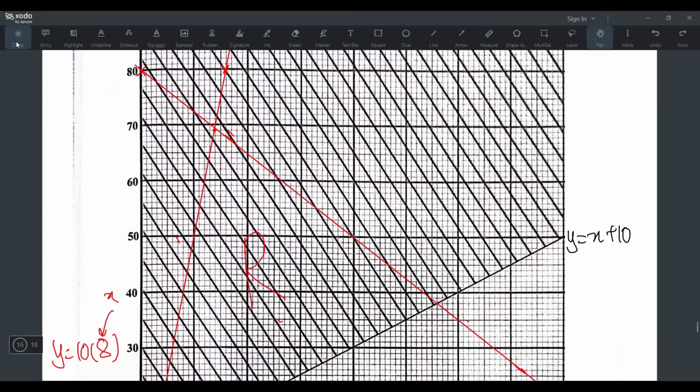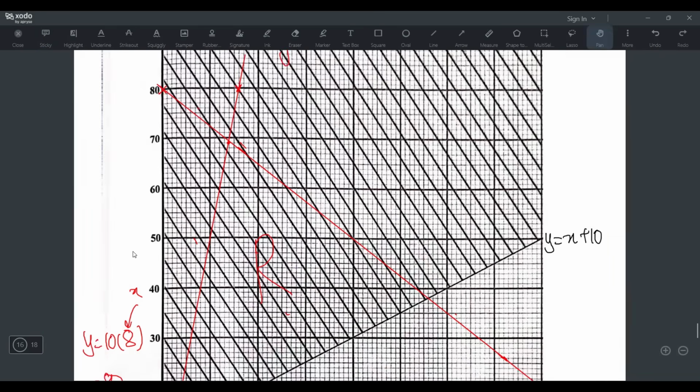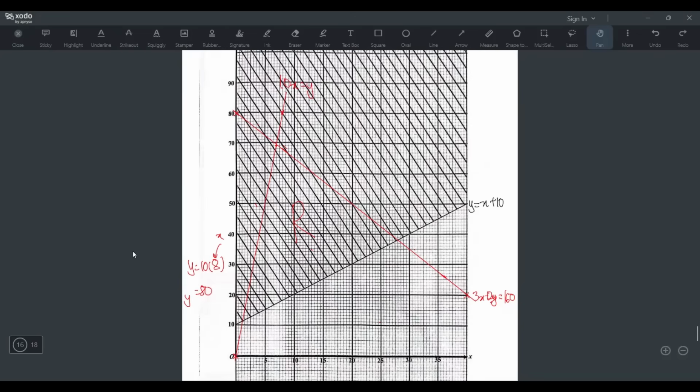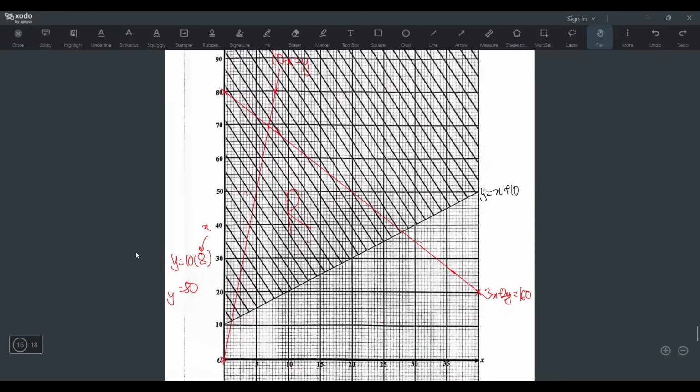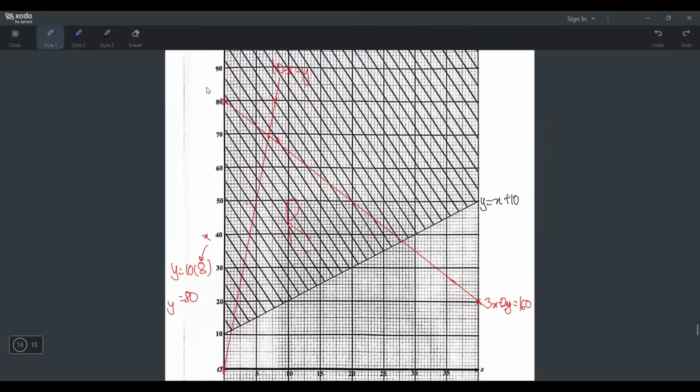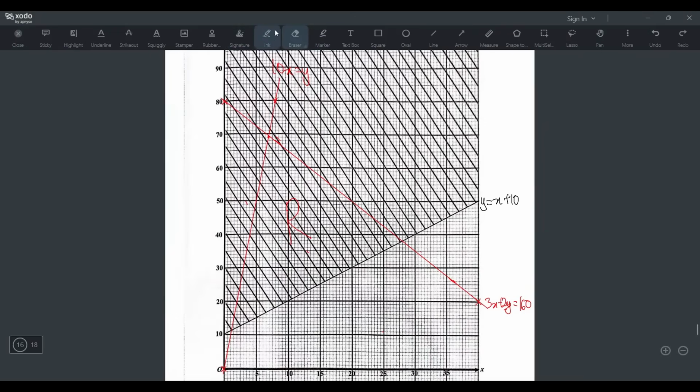Okay, let me show you a method to check your answer. You can do simultaneous equations. Let's say you are doing this in your exam and you are not sure whether your answer is correct or not. You can see this point is the intersection between this line and this line. So you can take the equations of these two lines and do simultaneous equations. Here it says y equals 10x.